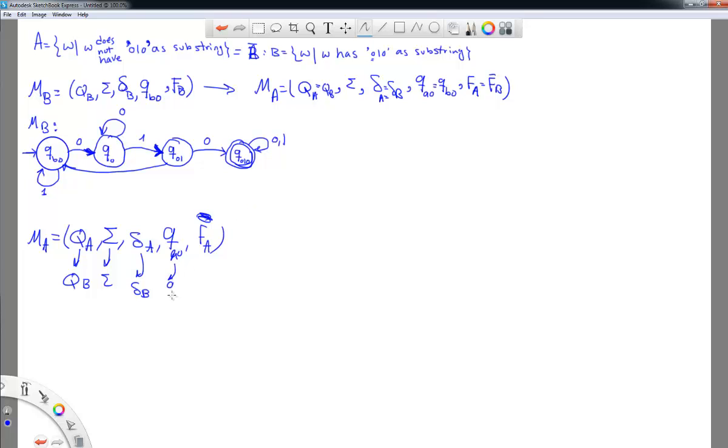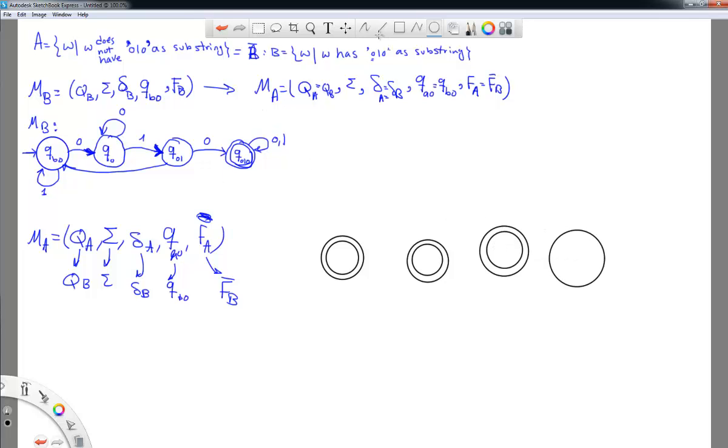The start state is going to be even the same, so it's going to be Q sub B0, and the accept state is going to be the complement of the accept states here, which means that now my M sub A basically starts with the same Q sub 0, Q0, Q01, and Q010.